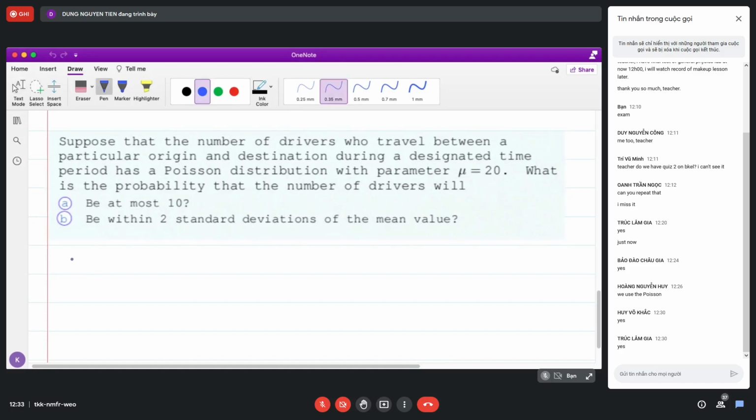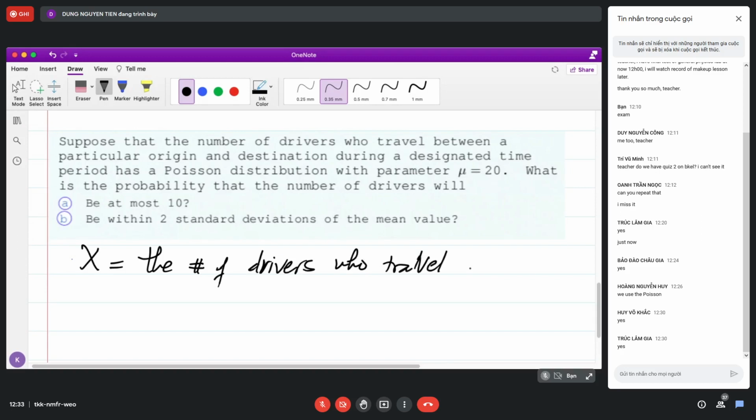All right. Now, suppose that x is the number of drivers who travel between the origin and destination during a designated time period, right?